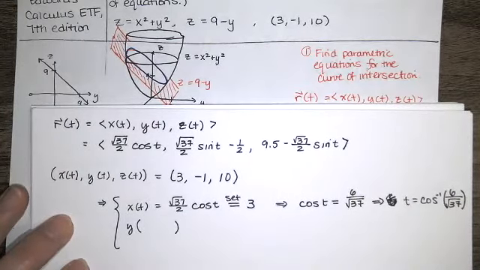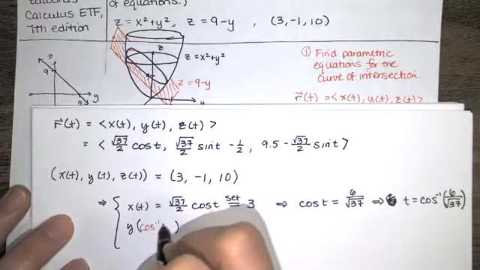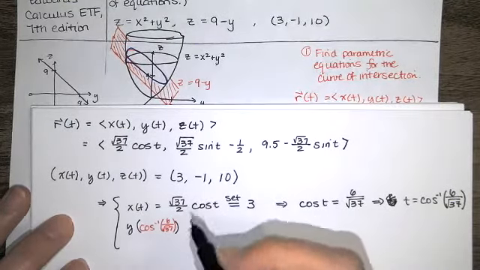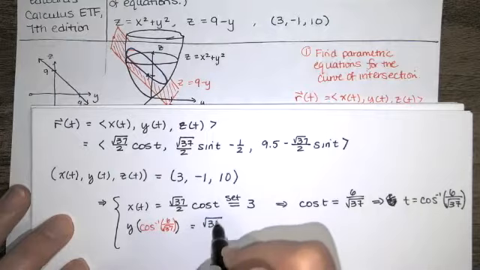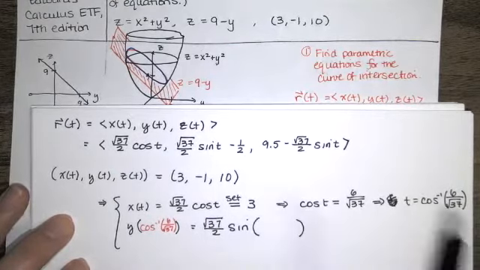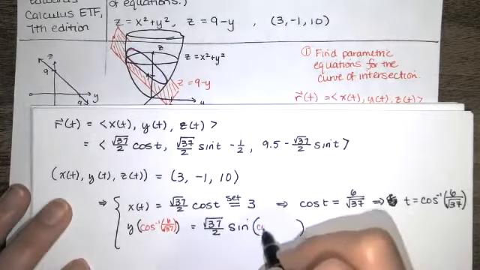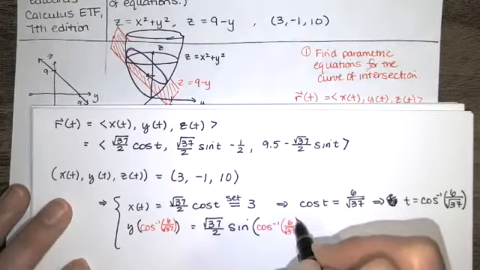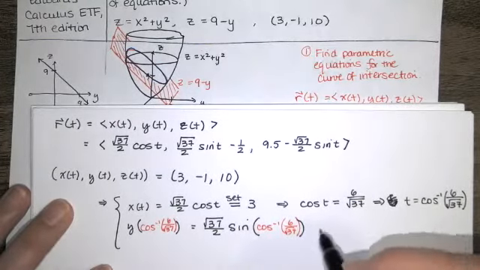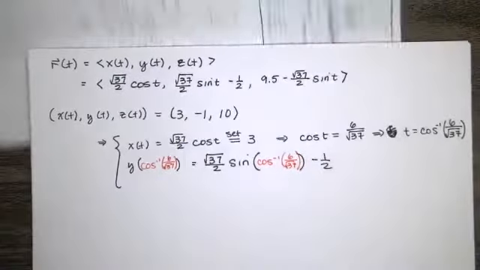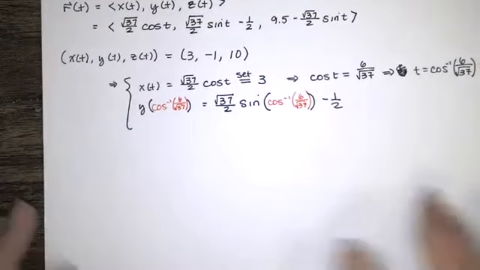Y evaluated at the inverse cosine of 6 over square root of 37 is square root of 37 over 2 times sine of the inverse cosine of 6 over square root of 37. And we're subtracting 1/2. Now that's kind of an ugly expression. And that's okay. We can work that out.